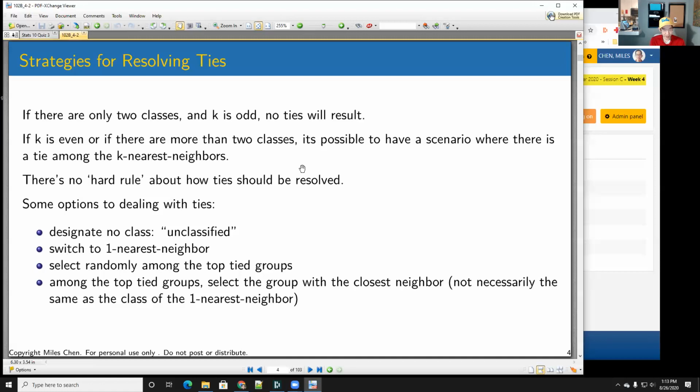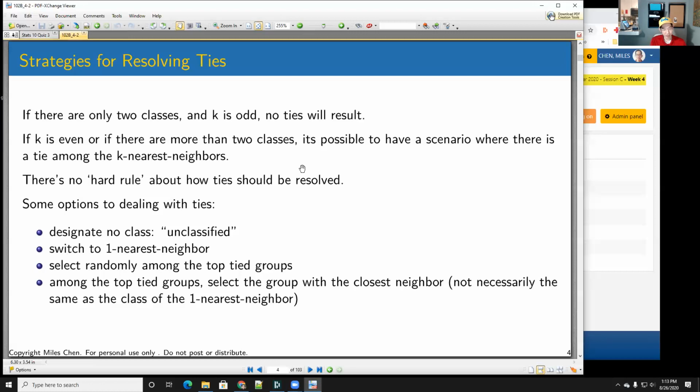You could also select randomly among the groups that have been tied. So if you have 3 groups, A, B, and C, and A has 4, B has 4, and C has 1, you can just randomly select between A and B.